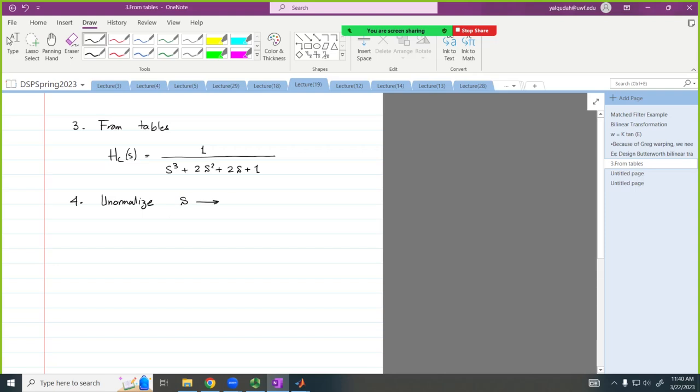So I'm going to replace s with s over 2 pi multiplied by 2000, which is the omega cutoff. And this is going to give me Hc of s that is equal to (2 pi multiplied by 2000) cubed divided by s cubed plus 25,132 s squared plus 315,827,341 s plus 1.9844 times 10 to the power of 12.